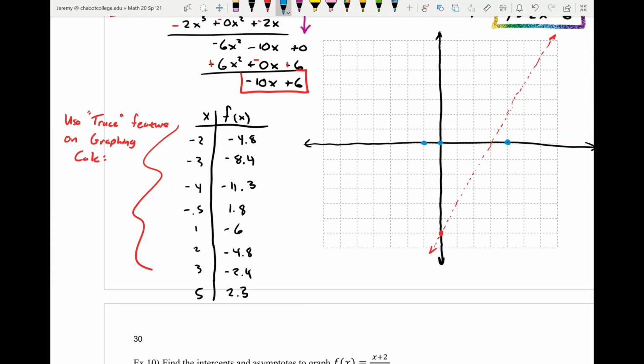So I'm going to plot each of these now and see what I end up with. So, okay, 0.5, 1.8. Just kind of working through each of these.